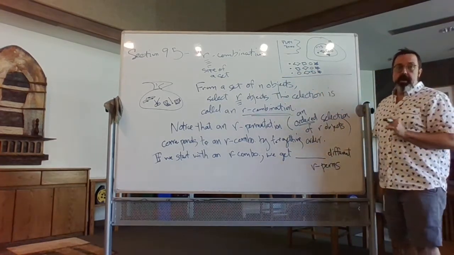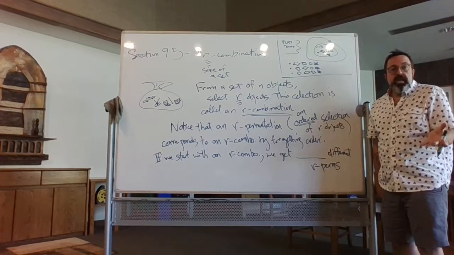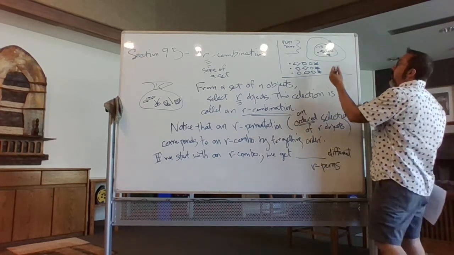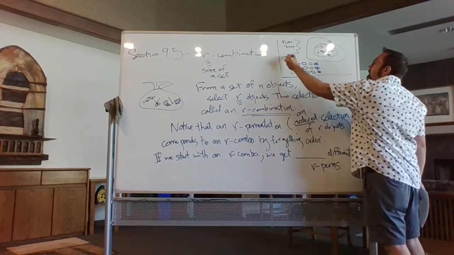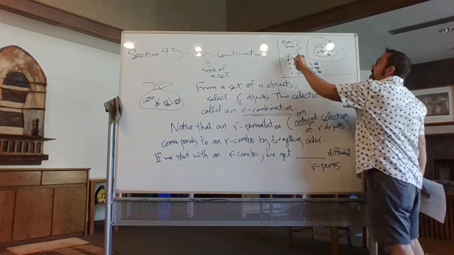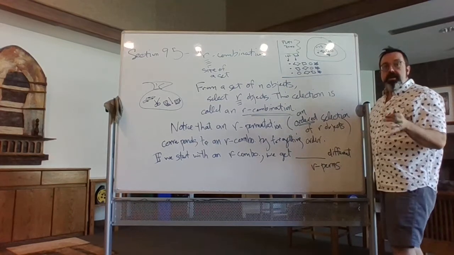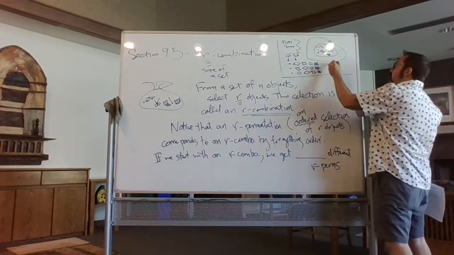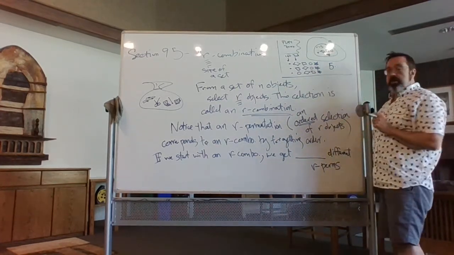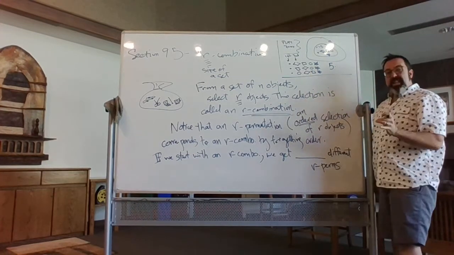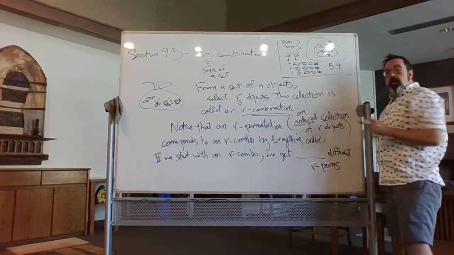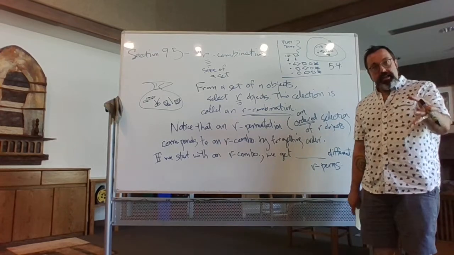To count them, however, we just go back to the multiplication rule. So I want to ask myself, how many ways are there of picking the first guy, times how many ways are there of picking the second guy, and so forth. So using the multiplication rule, we have 5 ways of picking the first element. Once we've selected that element, we multiply by 4 for the number of ways of picking the second element.